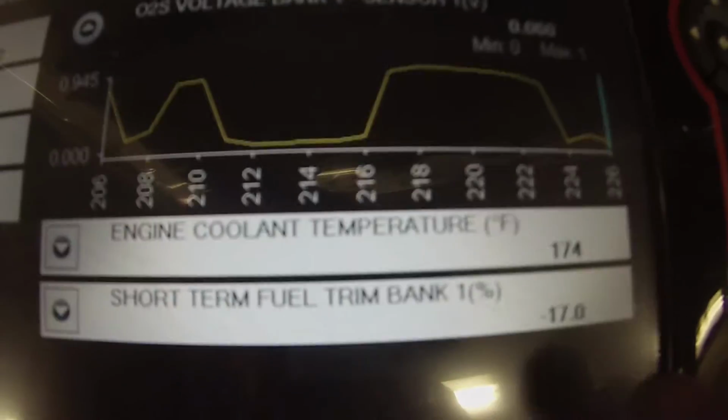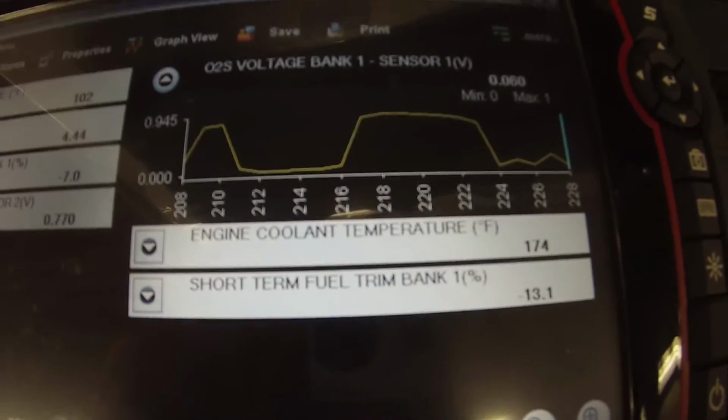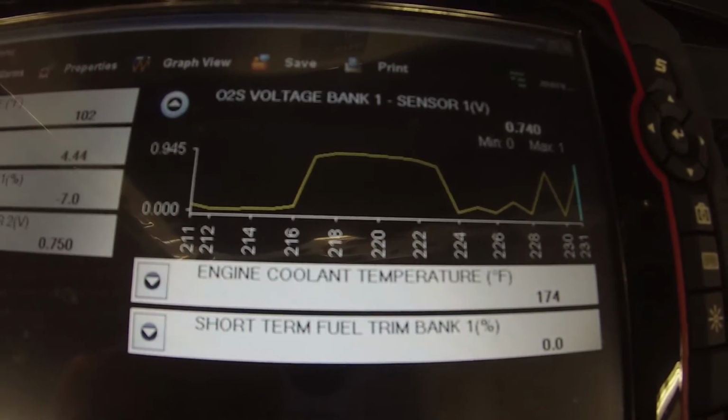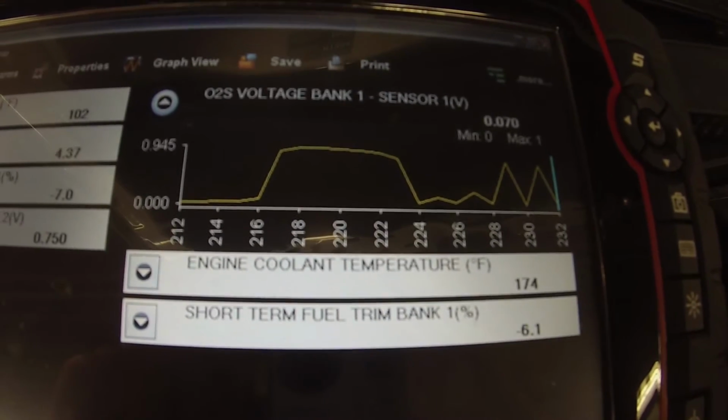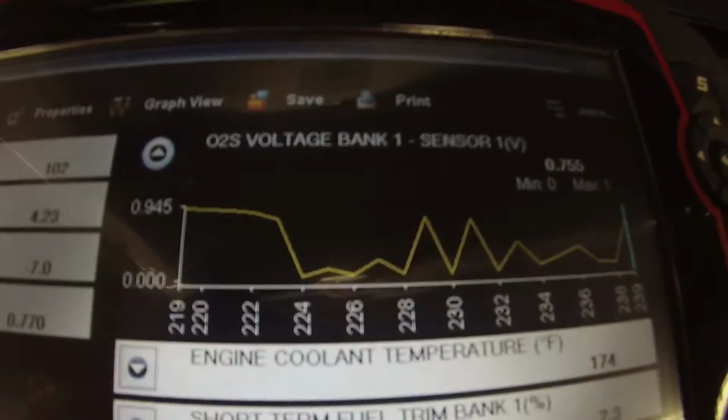This is just correcting for what I just did. My long term is -7, so overall it's taking fuel away.